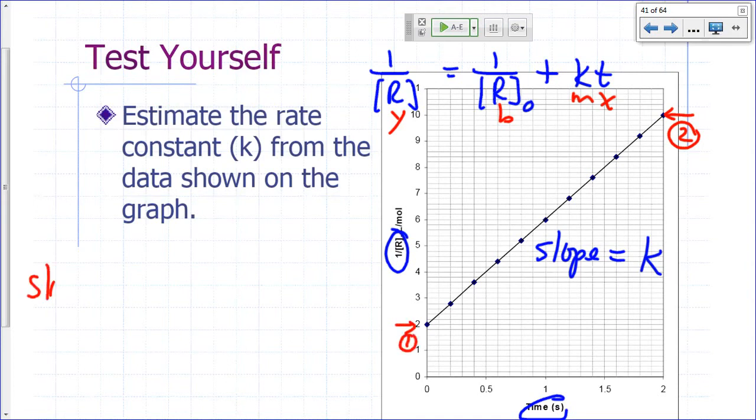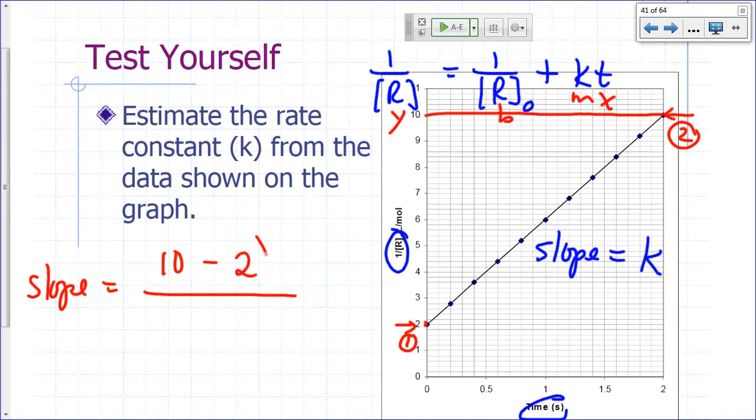So slope equals y2 is what? That looks like a 10 right there. Okay, so 10. And what's the unit for my numerator? Let's do that later. What's my y1? Looks like a 2, right?